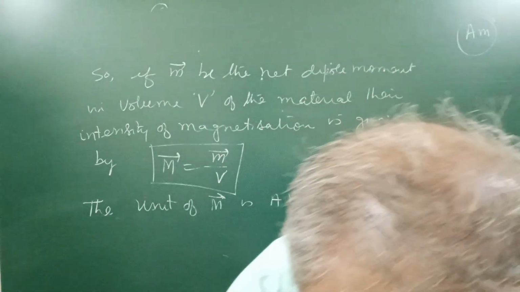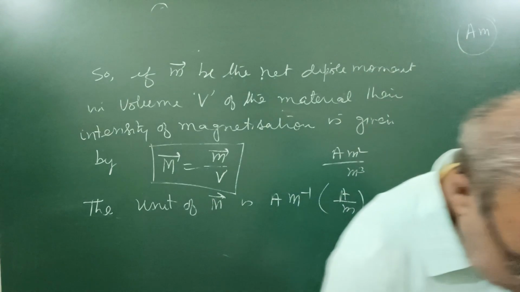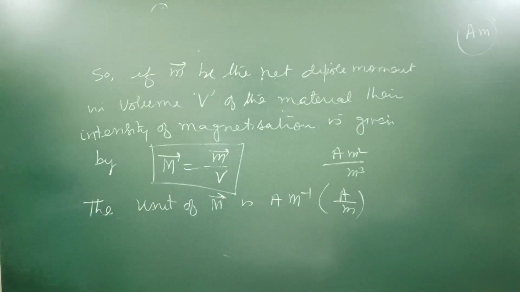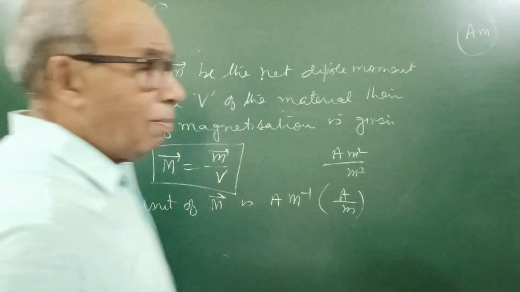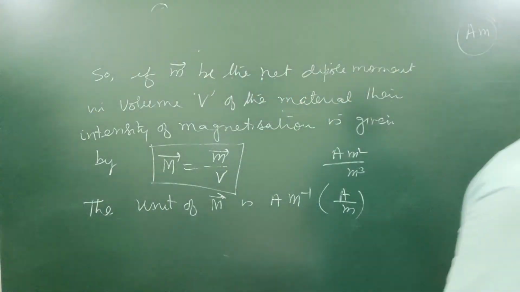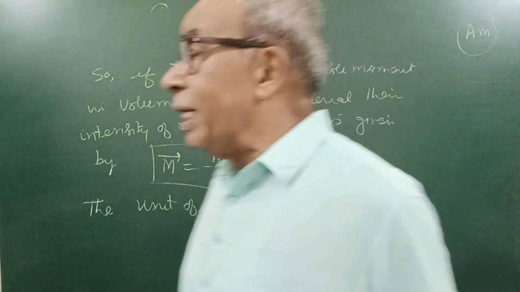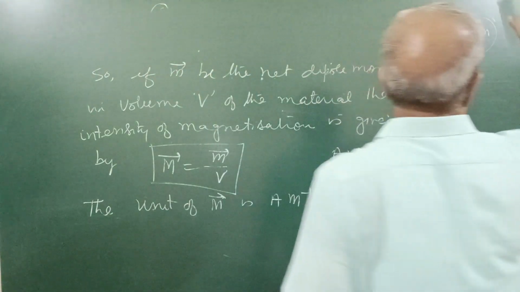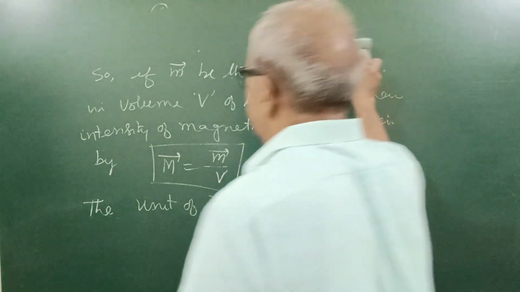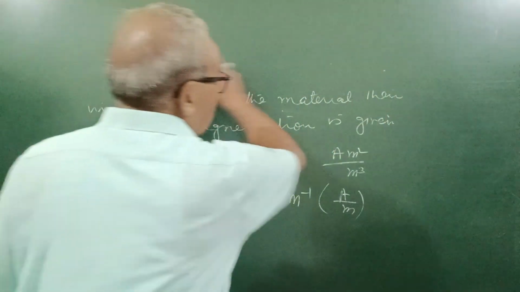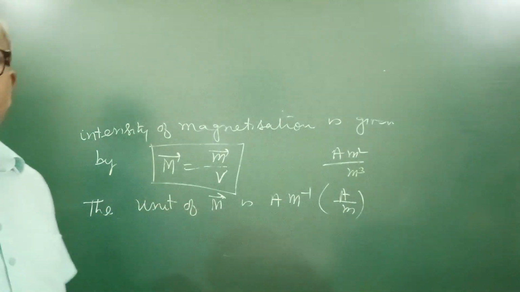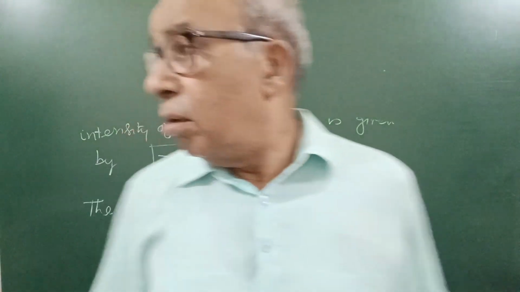The concept of pole strength actually is discarded one way, because we measure the magnetic field intensity in terms of force on current carrying conductor. We never define here force, magnetic field force per unit north pole. Initially when we were students, it was told like this. So this was about intensity of magnetization or simply magnetization.